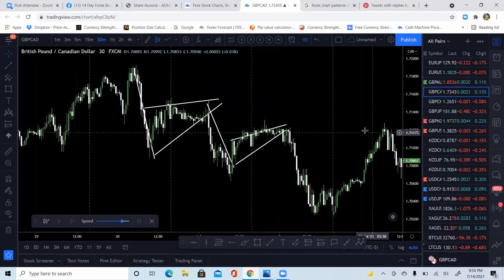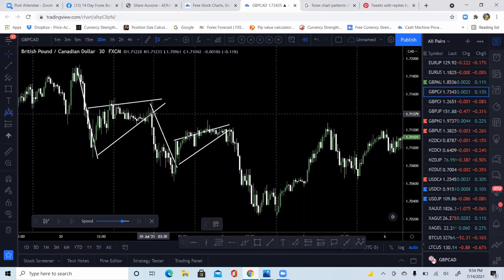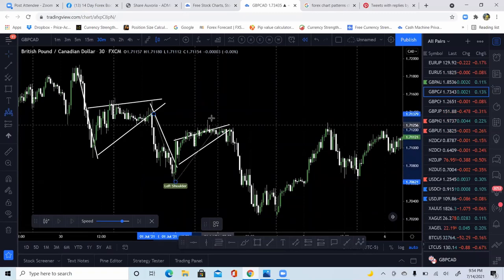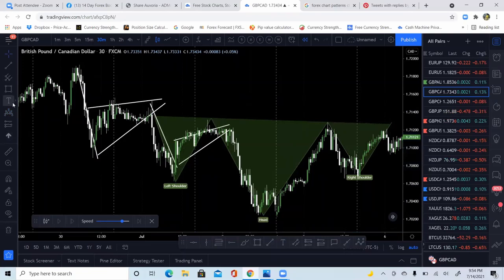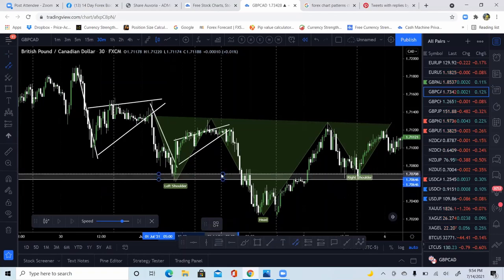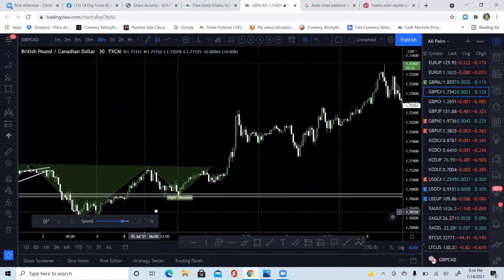So like with the head and shoulders. Oh, here's the head and shoulders right here. So you got your left shoulder, followed by your head, followed by your right shoulder. You see how that shoulder level was somewhat similar? And then it created that move up.